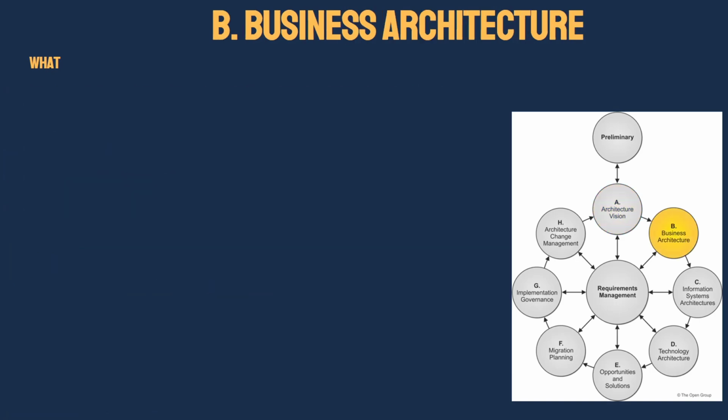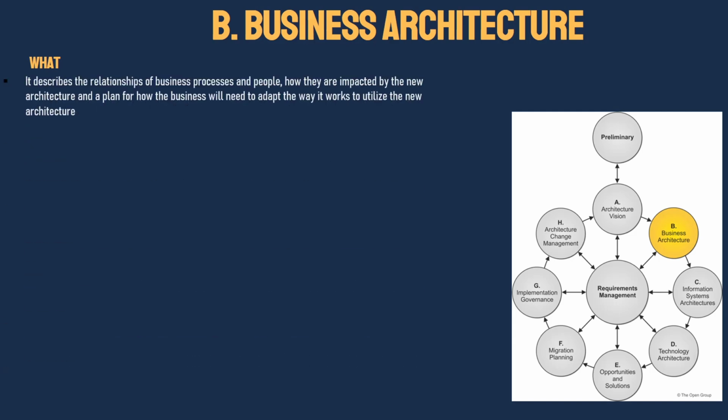We start our review with business architecture. The business architecture describes the relationship of business, process, and people. It talks about how each of these groups are impacted by the new architecture and a plan for what we will need to do in order to adapt and change the way we might work once the new architecture is in place.